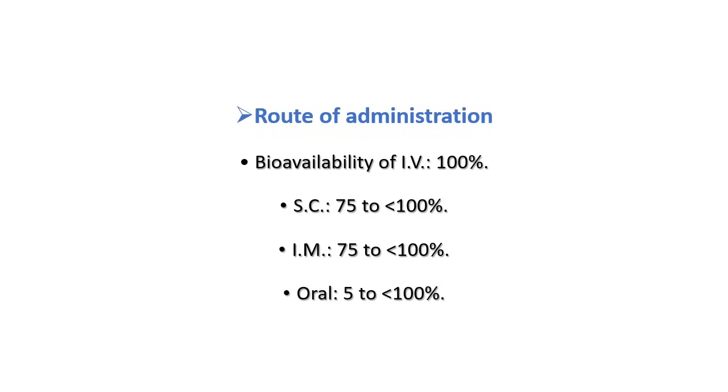You can see route of administration. Bioavailability of IV is 100%, subcutaneous and intramuscular has 75 to 100%, and oral has 5 to 100%. So the highest bioavailability is of IV, 100%.